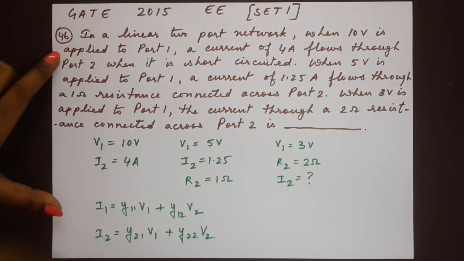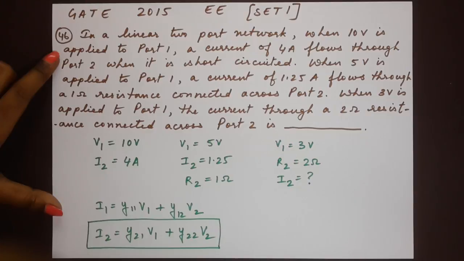So these are the two general equations, or in other words the Y parameters. In terms of the Y parameters, these are the two current equations. Now since the question tells us to find out the value of I2, let's use this second equation here. This is the equation we are going to use in order to solve the problem.